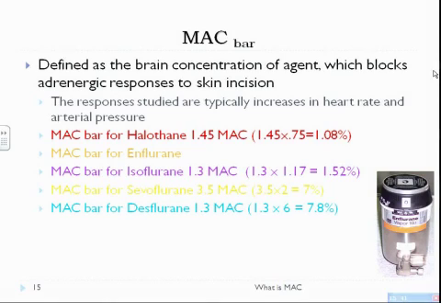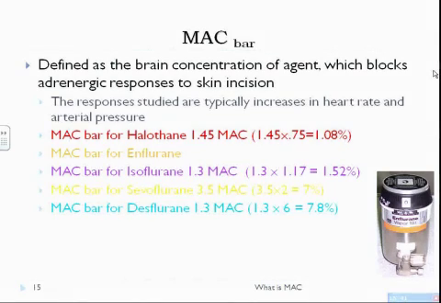So what you'll see is that you're testing for when an incision is made, how long for the heart rate and blood pressure to increase. If you give a MAC bar to somebody, then you will hit the point where you see no change in heart rate, no change in blood pressure when that person is cut.